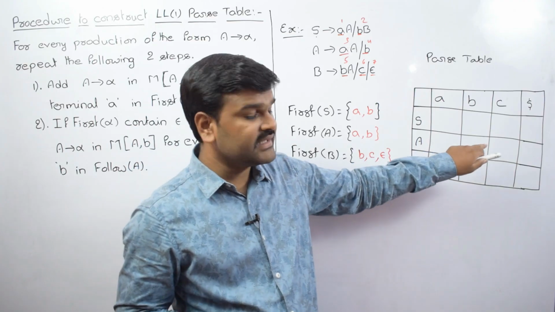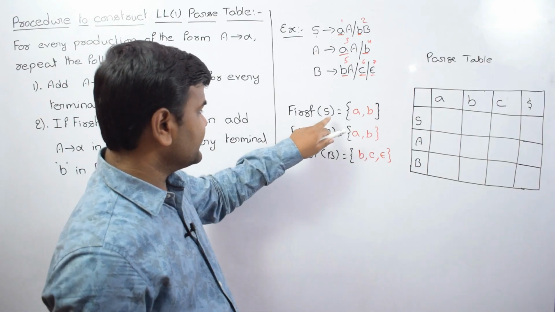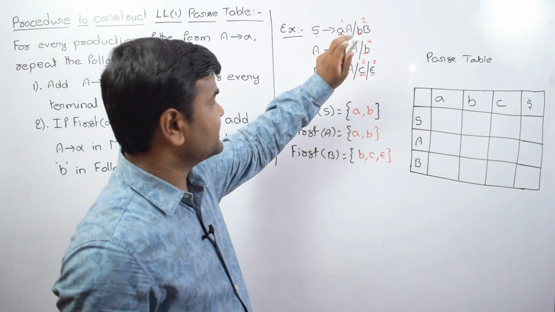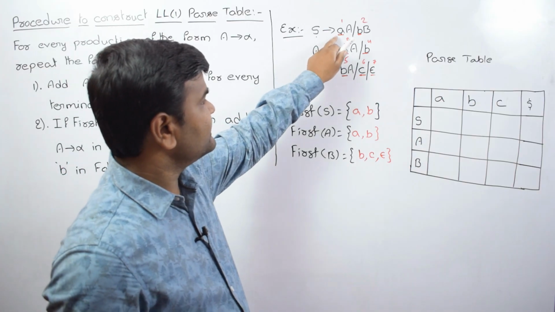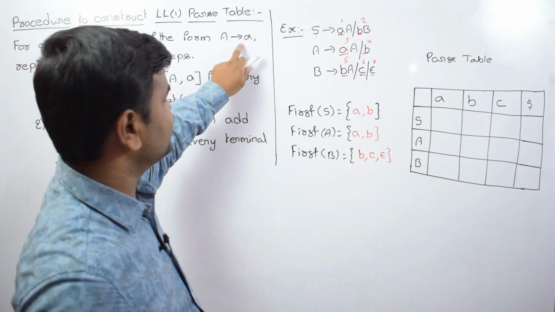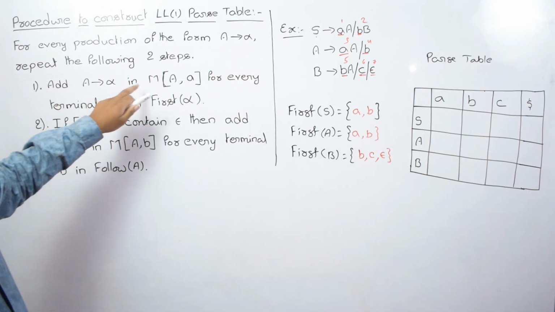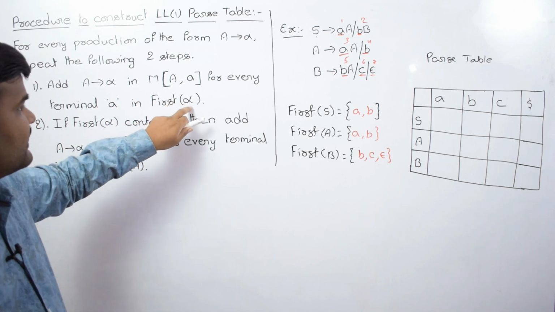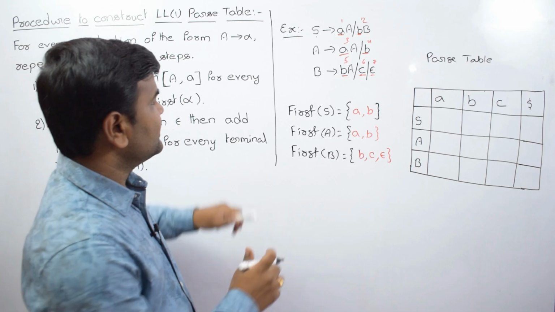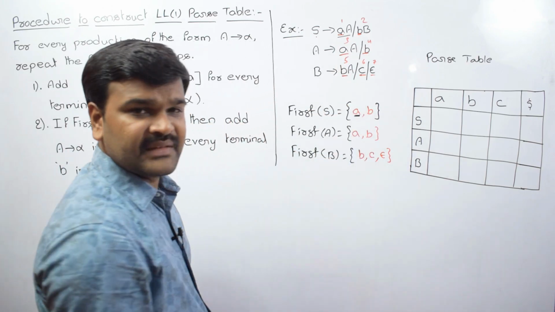Then how will you fill this parse table? So, here if you take the first production, S arrow small a capital A. What it is saying is that this production we add based on first of alpha. First of alpha means the first of this part, which is a.